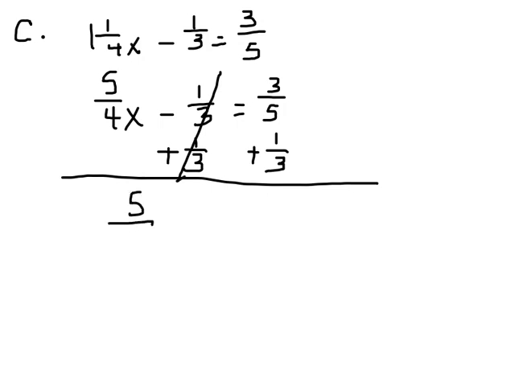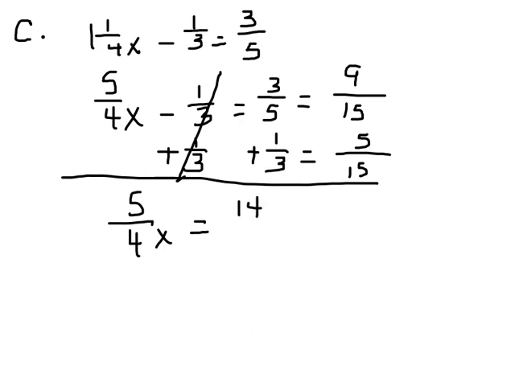Now that leaves me with 5/4 x equals, again I'm going to have to find a common denominator to add these fractions. It is going to be 15, so both of these are going to need to be changed. This becomes 5 over 15 and this becomes 9. I'm adding, so I get 14 over 15.